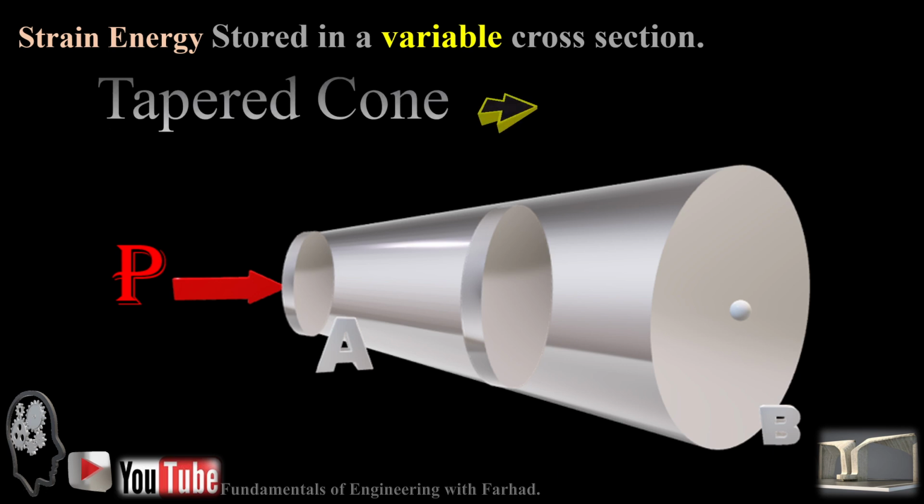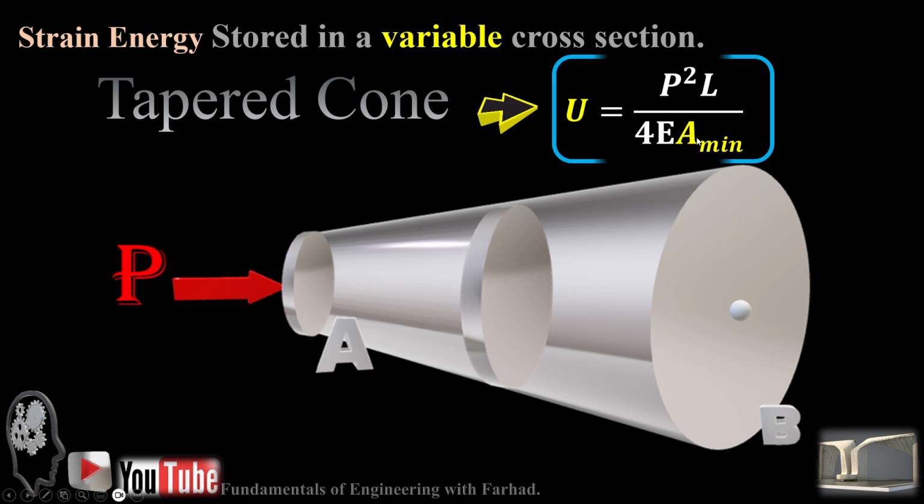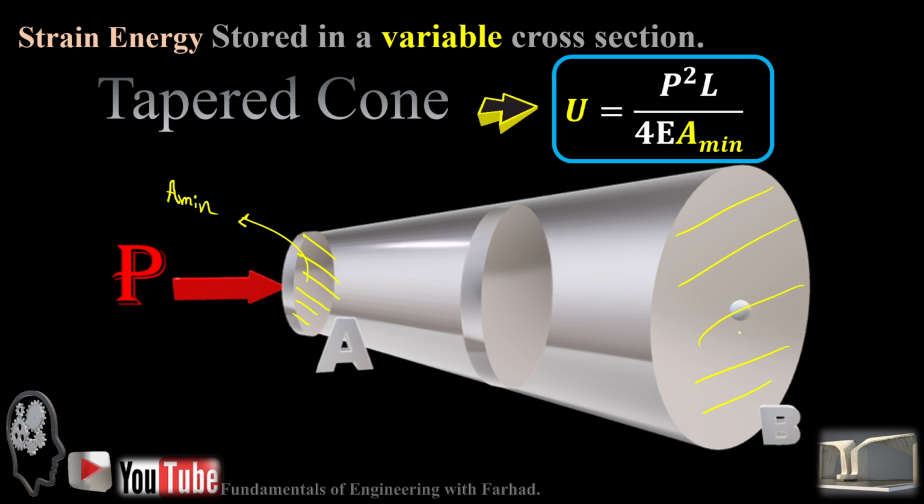So this is the strain energy stored in a variable cross section, this time for the tapered cone condition: U is equal to P squared L over 4E times A minimum, which is the first area, and this is like A max.